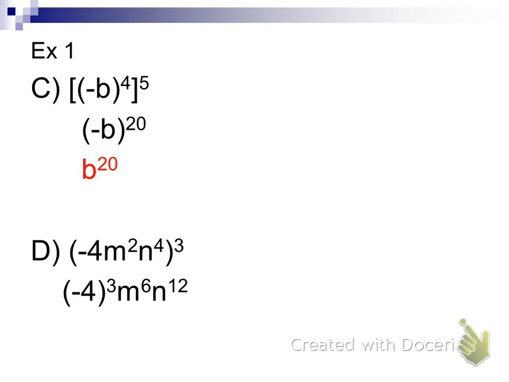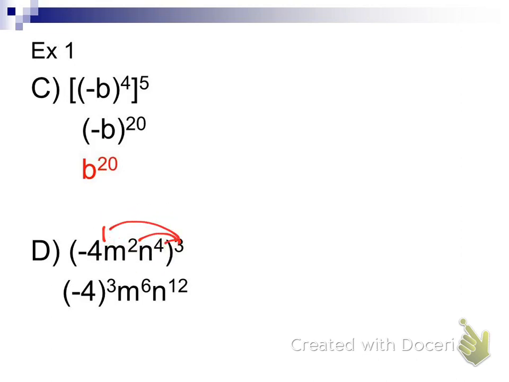Some people find it helpful to give everything an exponent, like give the negative 4 an exponent of 1, and then you're multiplying every exponent by 3. What's 1 times 3? 3. What's 2 times 3? What's 4 times 3? 12. So if it helps you to think of it like this, go for it.